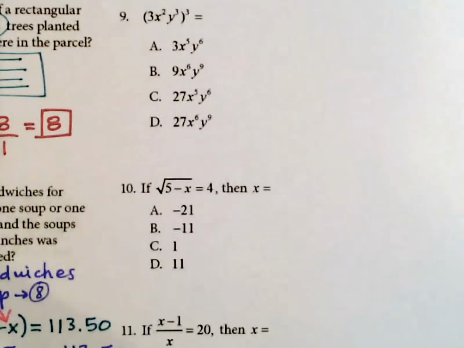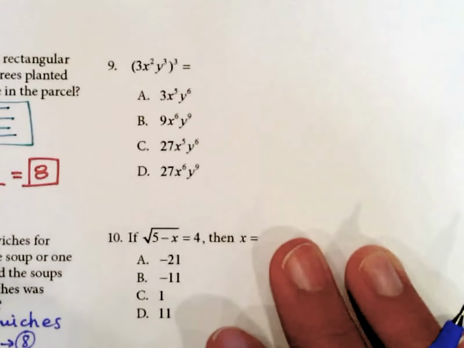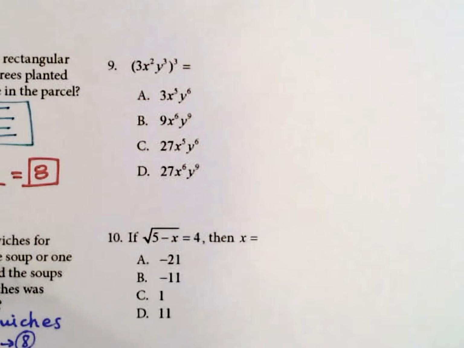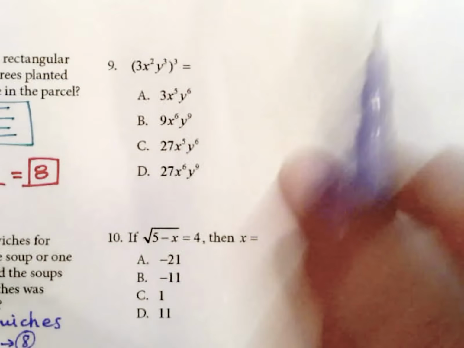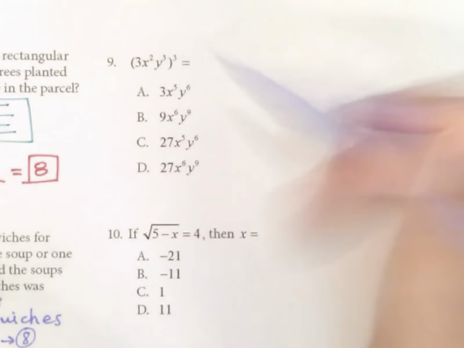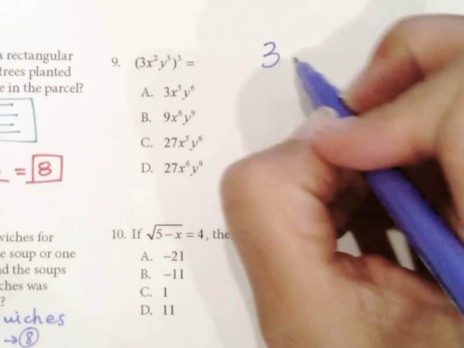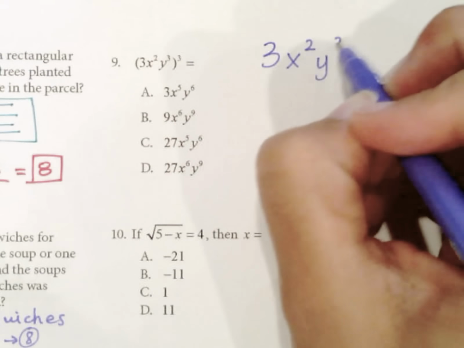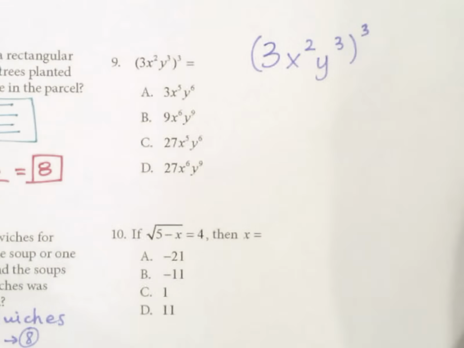Okay, continuing on with number 9. 3x squared y cubed, all to the third power. So anytime something is raised to a power, the power has to get on everything. So I'm going to rewrite this: 3x squared y cubed to the third power.